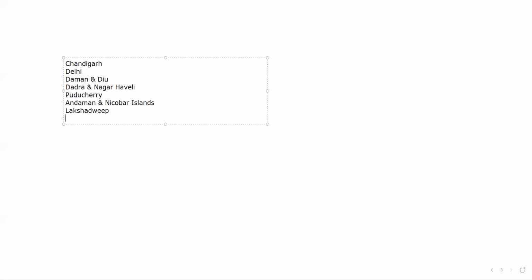The next UT is Jammu and Kashmir, and the next is Ladakh. So these are the union territories at present: Chandigarh, Delhi, Daman and Diu, Dadra and Nagar Haveli, Puducherry, Andaman and Nicobar, Lakshadweep, J&K, and Ladakh.